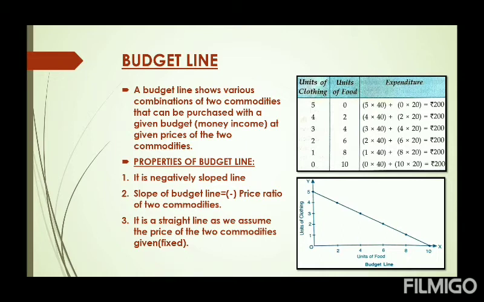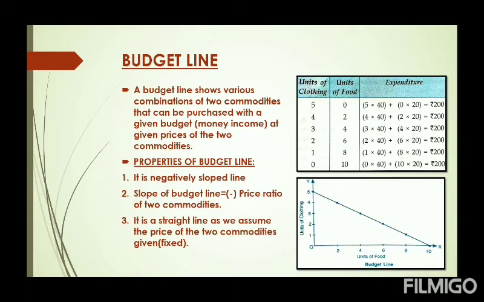A budget line shows various combinations of those two goods which can be purchased with the given income, that is the budget, and at the given prices of the two commodities. The price is given by the market, and the income of the consumer is assumed to be constant for the time being, and then the different combinations which the consumer can purchase are shown on the budget line.